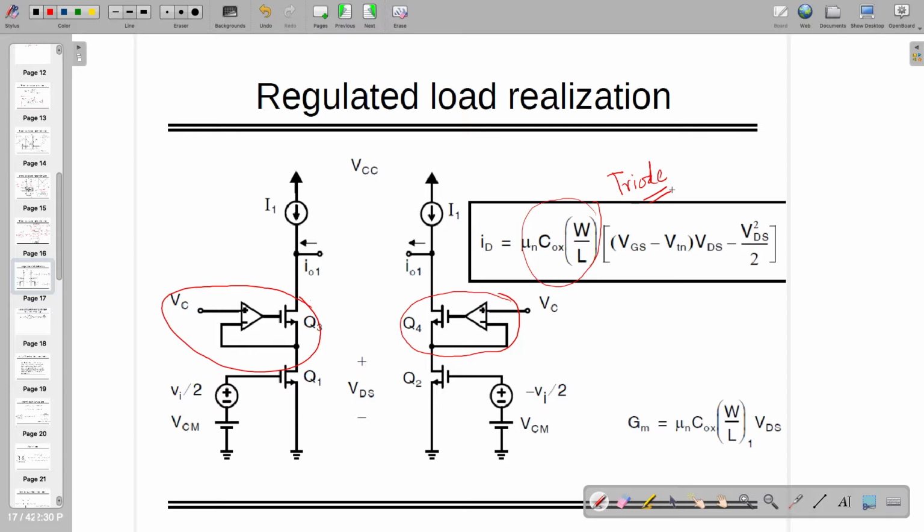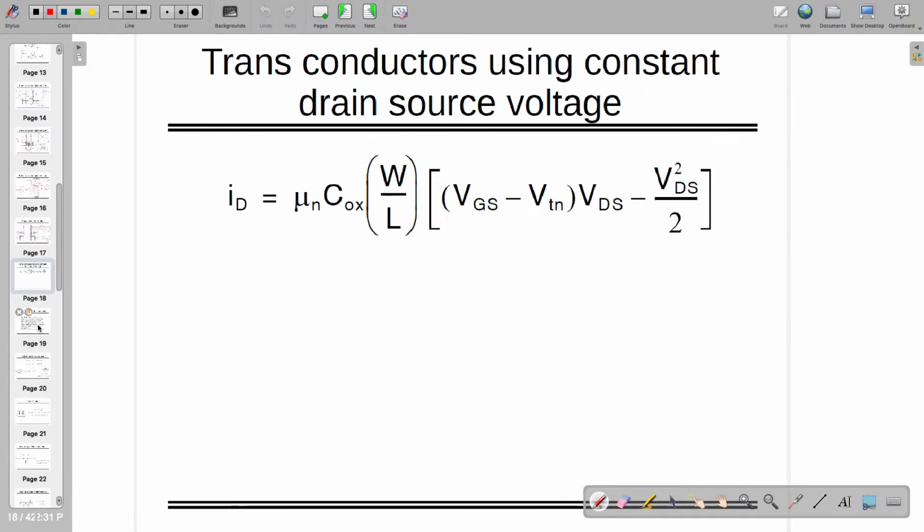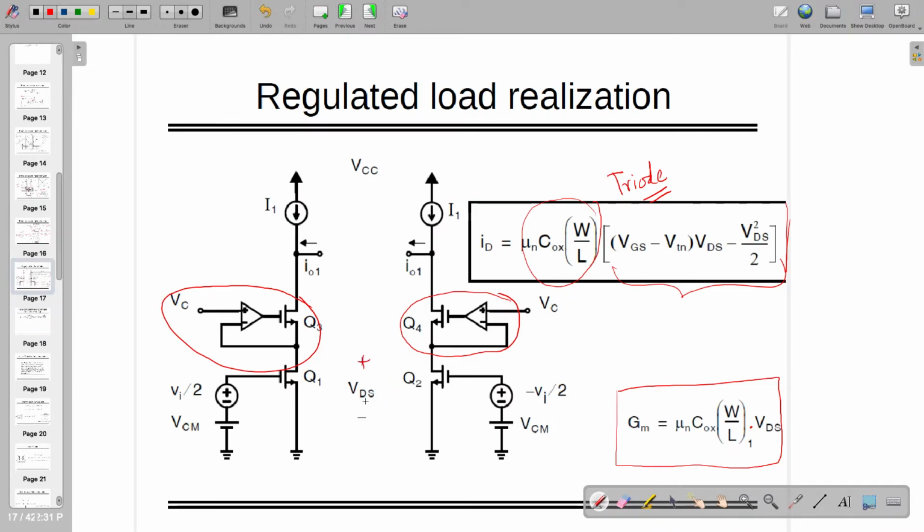So it's all about playing with triode and saturation. When you want triode or saturation, it's up to you. Then you have to write down this equation, and if you are writing it down, you can have gm equal to mu Cox W by L1 times VDS, which is coming from here, because that is a whole input value, and which is derived from here. So the current which is flowing through here is some gm times VDS.